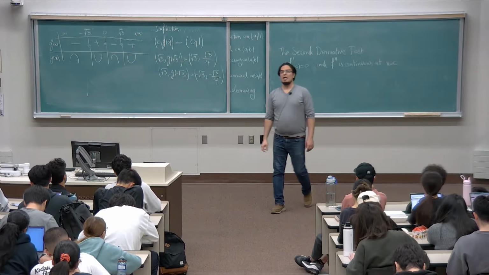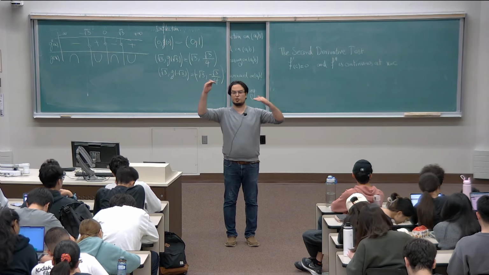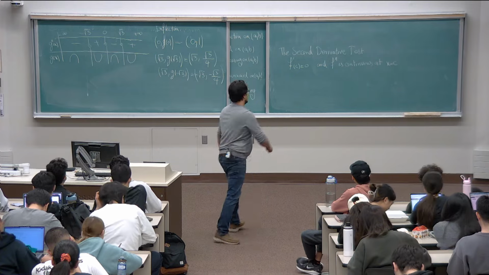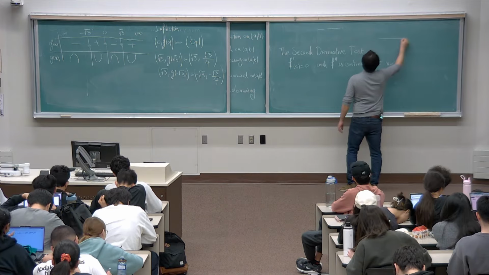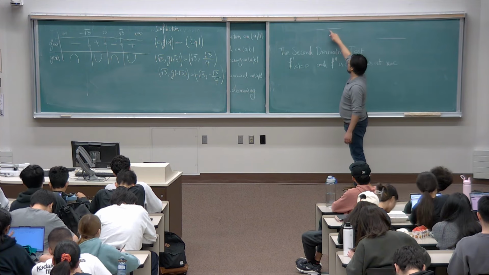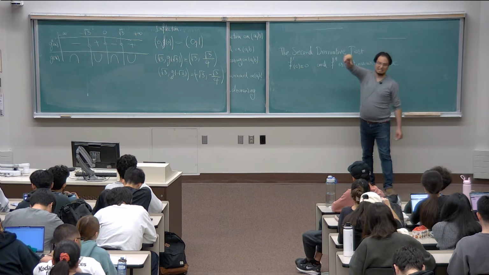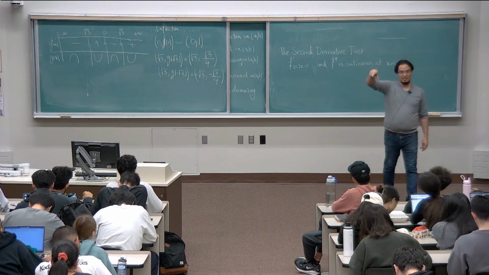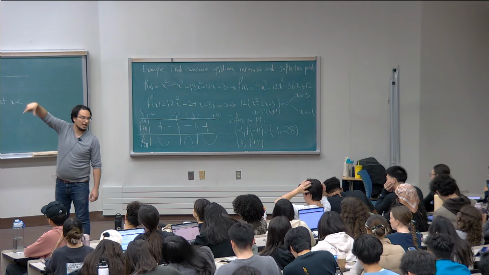Now, f prime being equal to 0 means that we are dealing with a critical point. Yes? The tangent line is going to be horizontal. Now, if I know that the second derivative is negative, that means that my function should look like this.